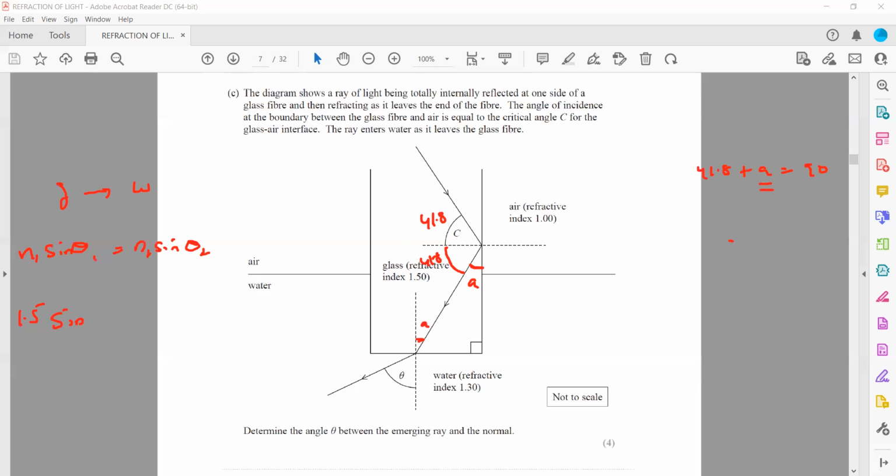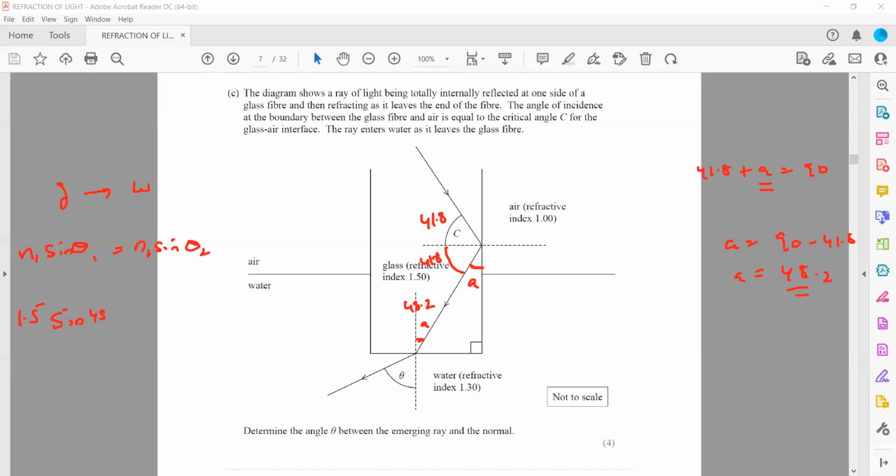If I need A, it will be 90 minus 41.8, which equals 48.2. So A equals 48.2.